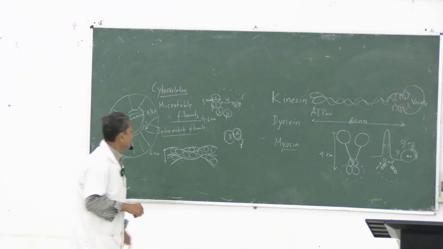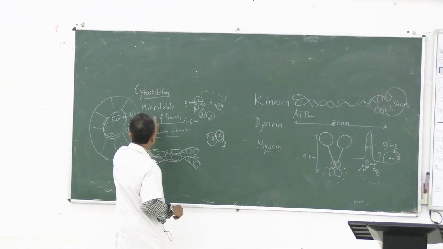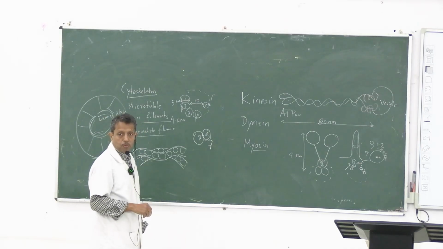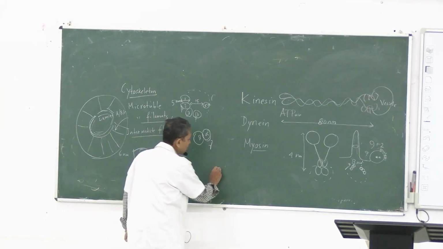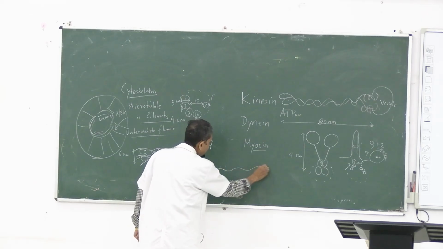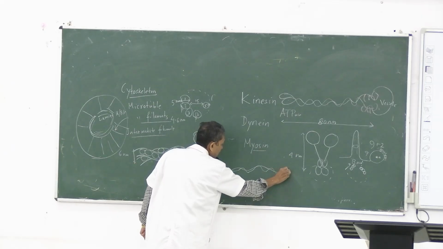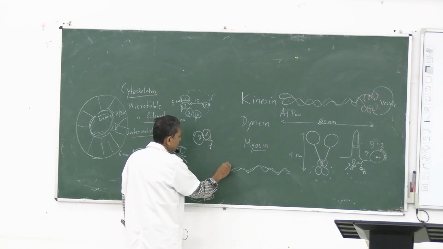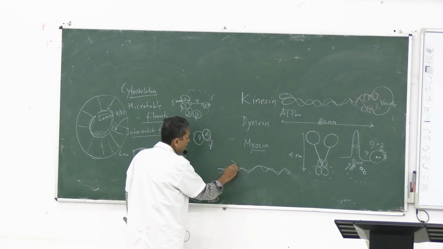And over these structures, there are the cytoskeleton structures. They can move. Suppose there are microfilament-like structures, and one myosin molecule is moving by means of its head, it unites.